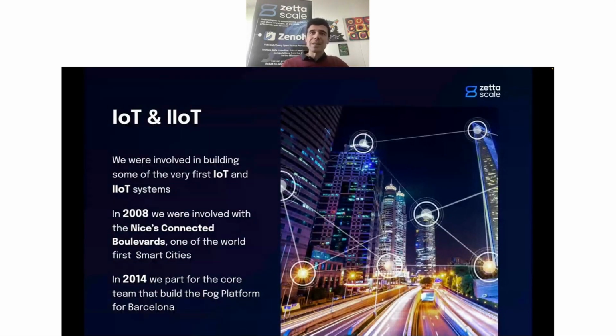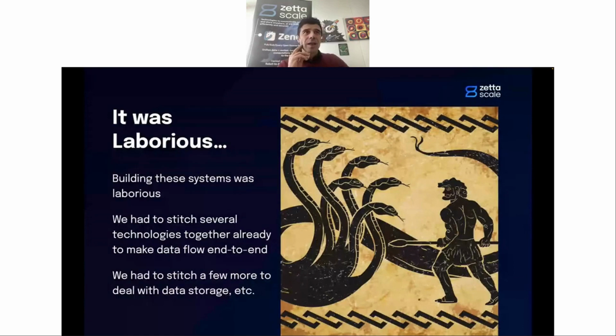We were trying to build this system. The reality is that it was laborious. You had to stitch together so many technologies to ensure that you could have some end-to-end data flow. Why? Because all of a sudden, we were moving from systems that either were isolated in the periphery.